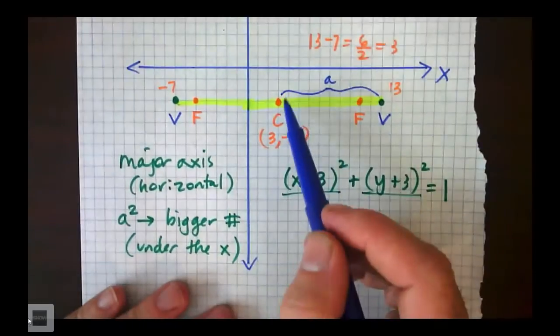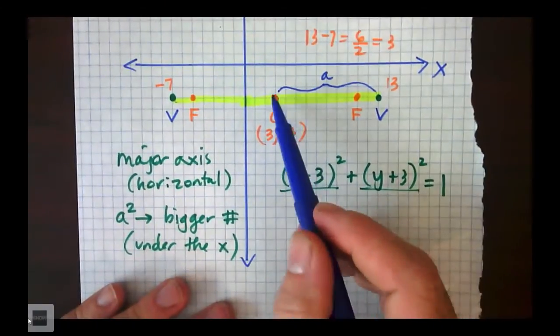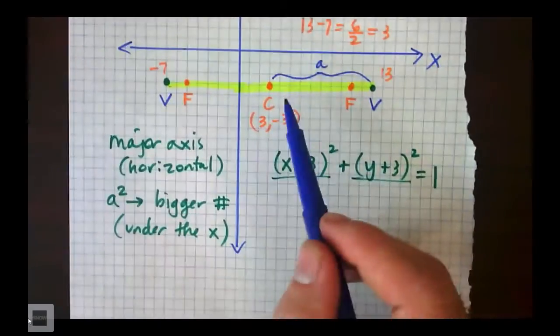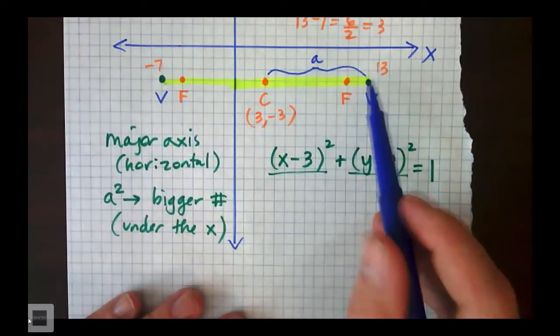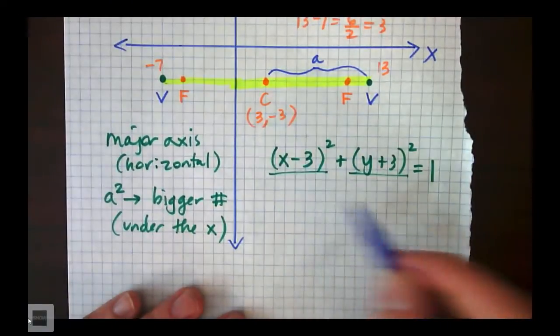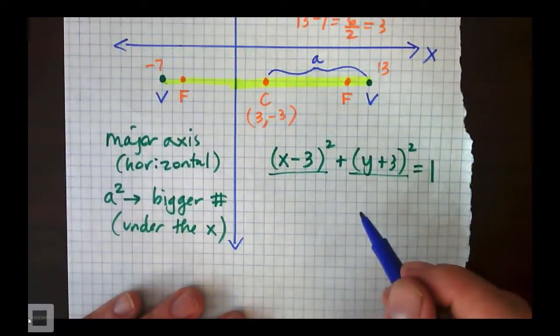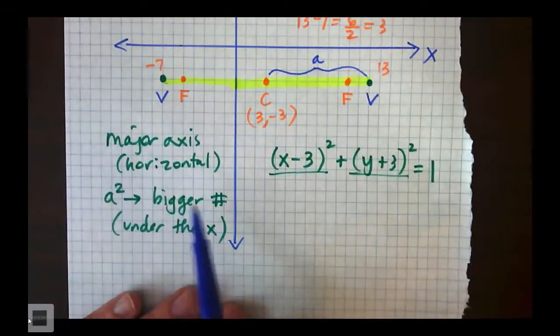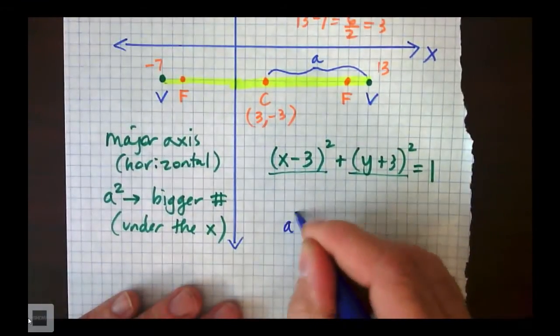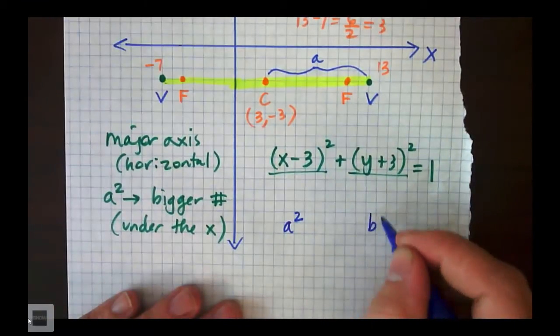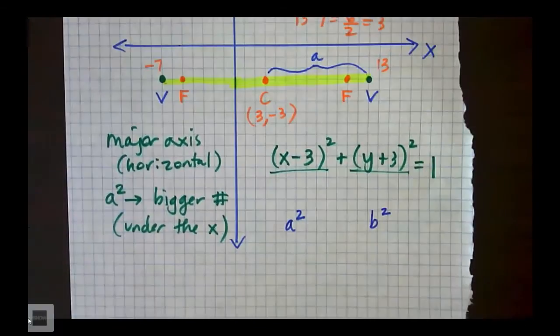All right, so from the note card, the distance from the center to your vertex is the value of a. Remember, one of these is going to be a squared, one is going to be b squared, but we already know a squared is the bigger number, and it's underneath the x value. So this is technically my a squared spot, and by default, that would be my b squared spot.